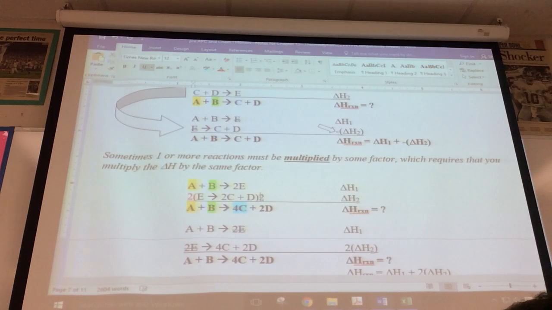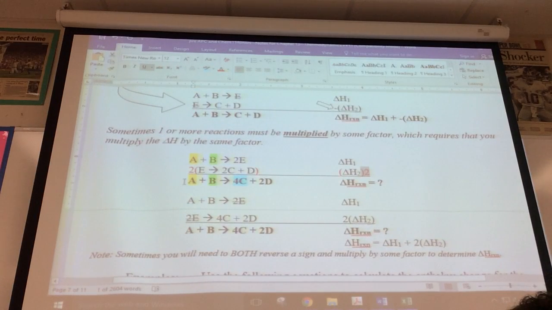And if we multiply, that's stupid. If we multiply the equation as such, then what do we have to multiply this by? 2 as well. And that's actually what's shown here, but I distributed 2E, 2 times 2 is 4C, 2 times D. So the distributive property, just like in math.